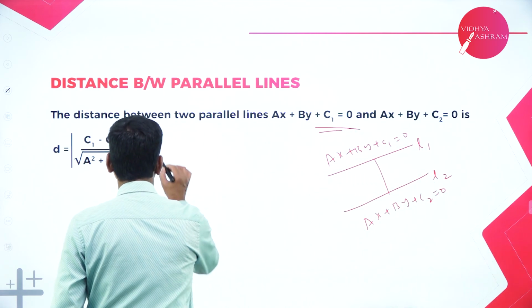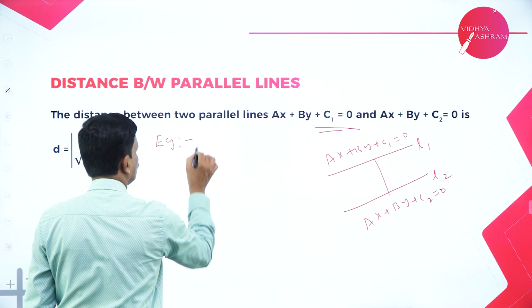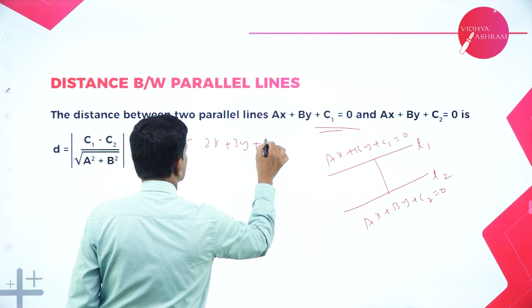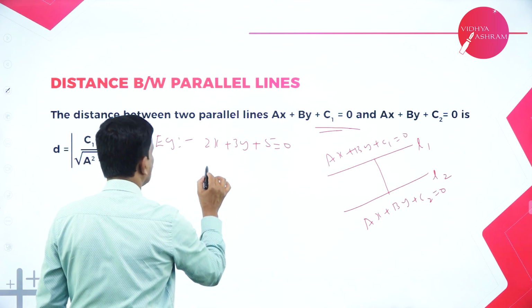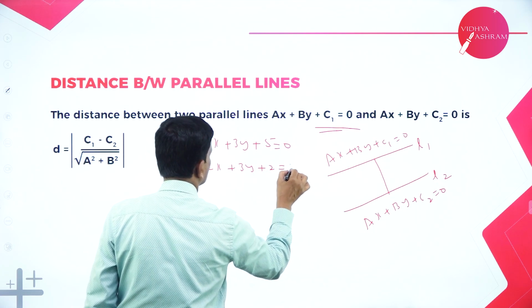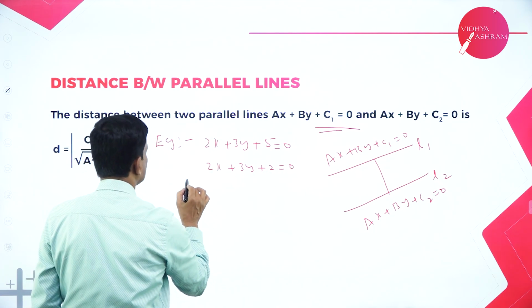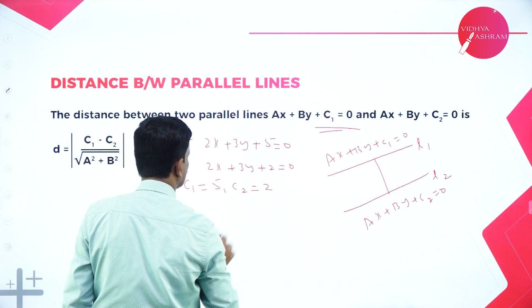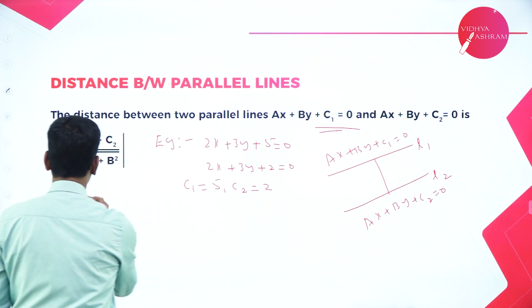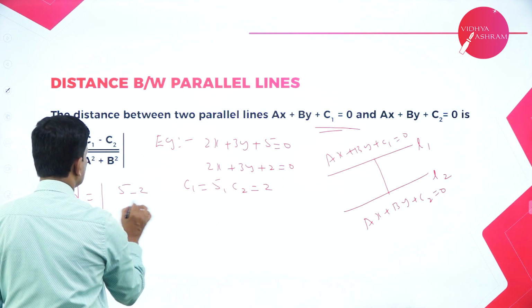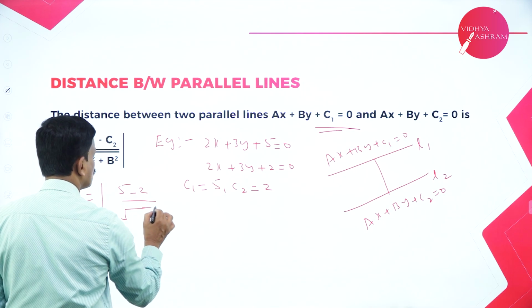Now let us take an example. Find the distance between the 2 lines 2x plus 3y plus 5 is equal to 0 and 2x plus 3y plus 2 is equal to 0. Now here, what is C1? C1 is equal to 5 and C2 is equal to 2. So the distance D is equal to mod of C1 minus C2, 5 minus 2, divided by root of A square plus B square.